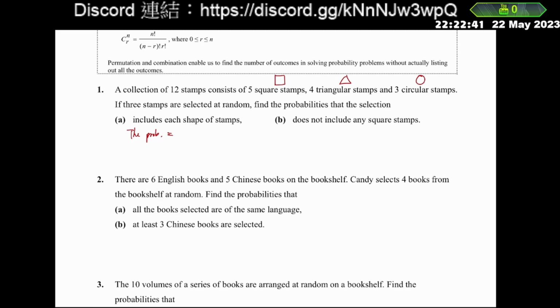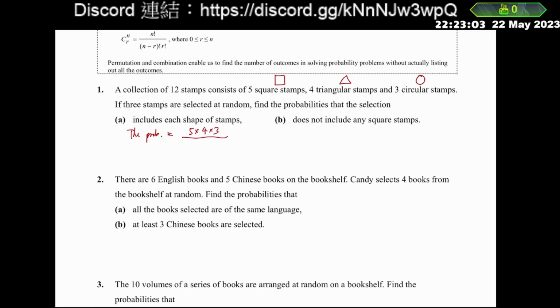And so if we want to use nCr or nPr, that means the fraction's numerator will be 1 for each. That means we choose 1 from square, choose 1 from triangle, and choose 1 from circle. And so the total number of ways will be 5 times 4 times 3, choosing 1 from each.